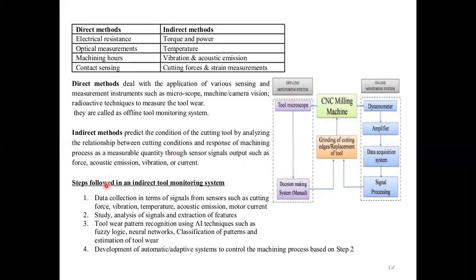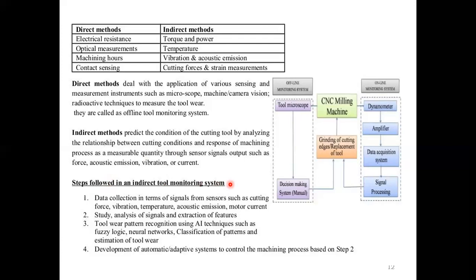Steps followed in the indirect tool monitoring system. First is data collection in terms of signals from sensors such as cutting force, vibration, temperature, acoustic emission, motor current. Data is collected by the sensors. Second is study and analysis of the signal and the extraction of features.